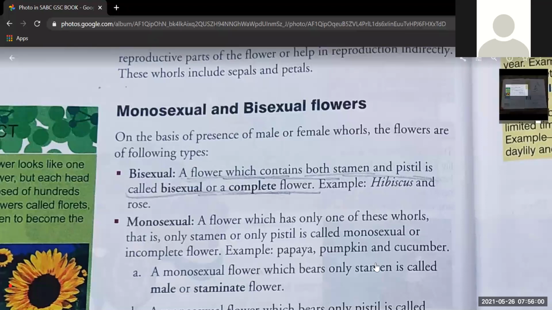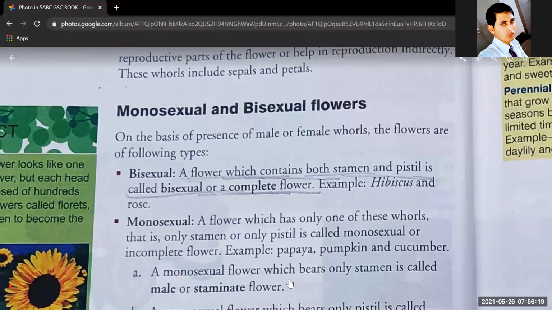Okay, so these are the examples of monosexual: papaya, pumpkin and cucumber. A monosexual flower which bears only stamen is called a male or staminate flower.